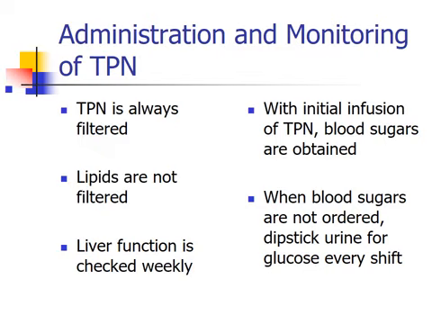So you can check a urine dipstick to make sure they're not spilling any glucose. Initially they may get blood glucose levels, and if those are not ordered, then you'd want to dipstick their urine. That's until they get the solution regulated, and pharmacy is involved; the doctors and the pharmacy look at which vitamins and minerals and the amount of glucose to put in.